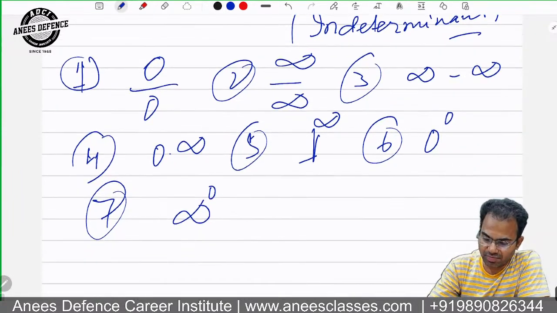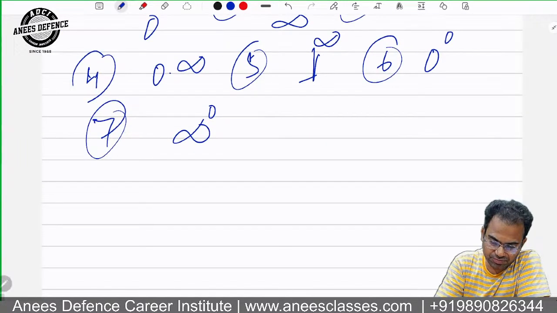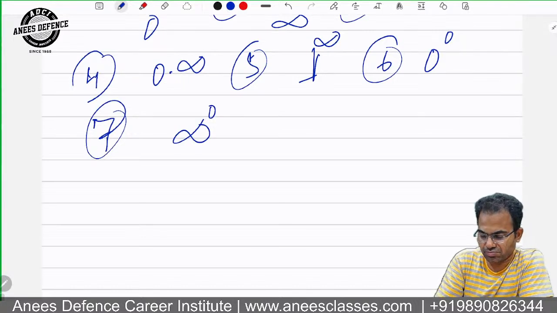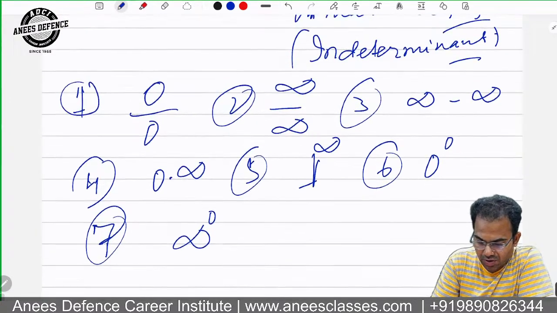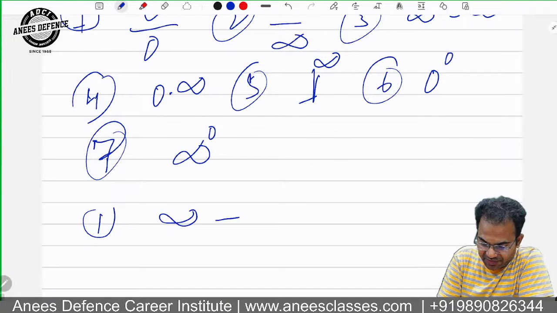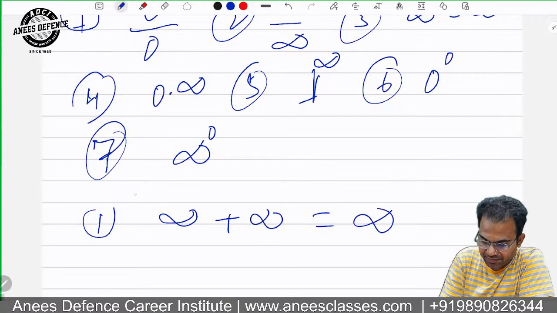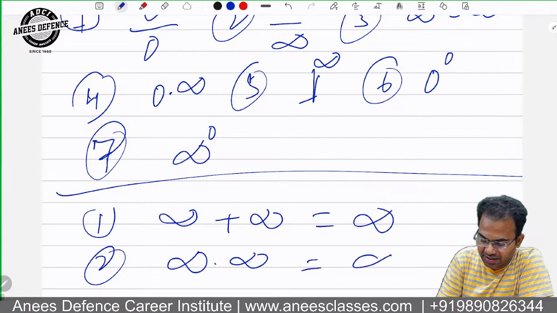Okay. Now, if I have infinity plus infinity, I will write infinity. If I have infinity into infinity, I will write infinity.